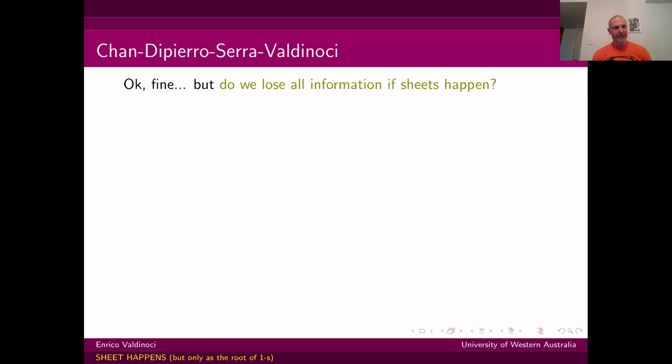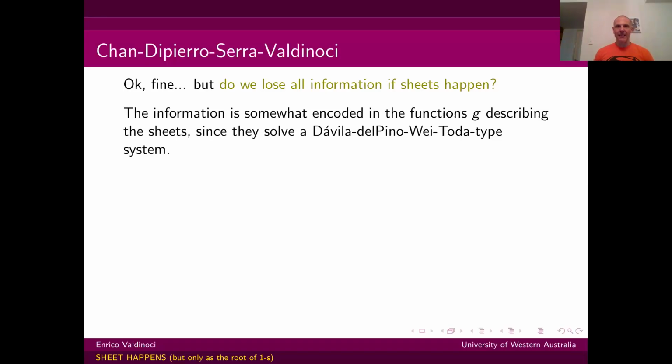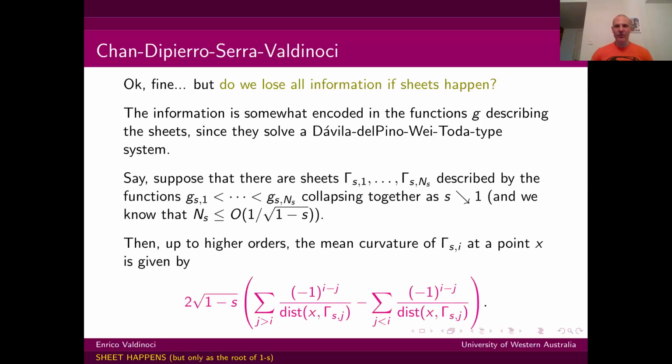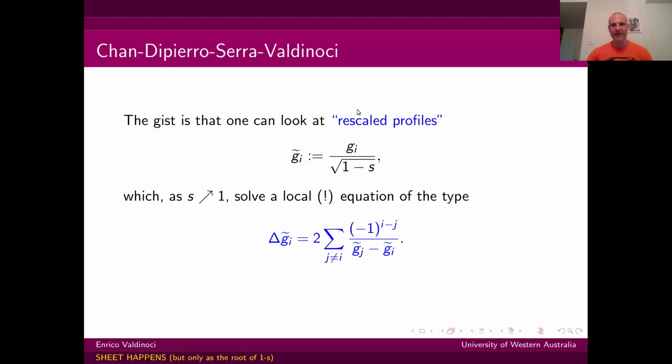Now, instead, in the non-local case, you can somehow identify the position of the layers, in the sense that the function g describing the sheets solves a Toda-type system that actually appeared in a paper by Davila, Del Pino and Wei, which is something like this.